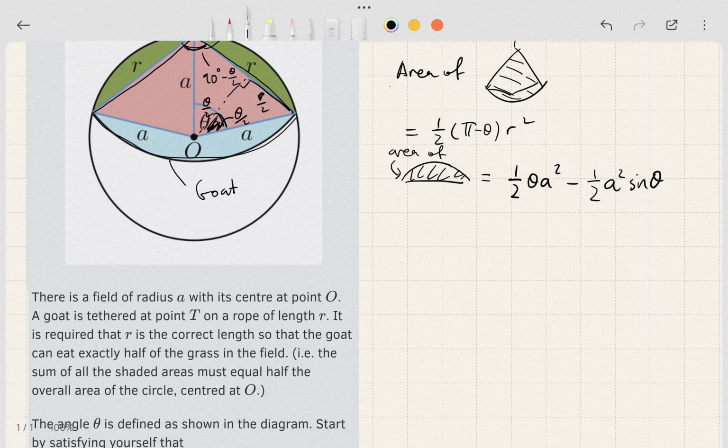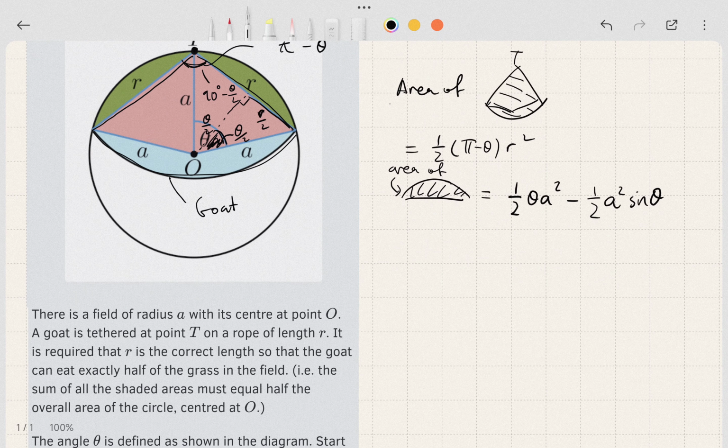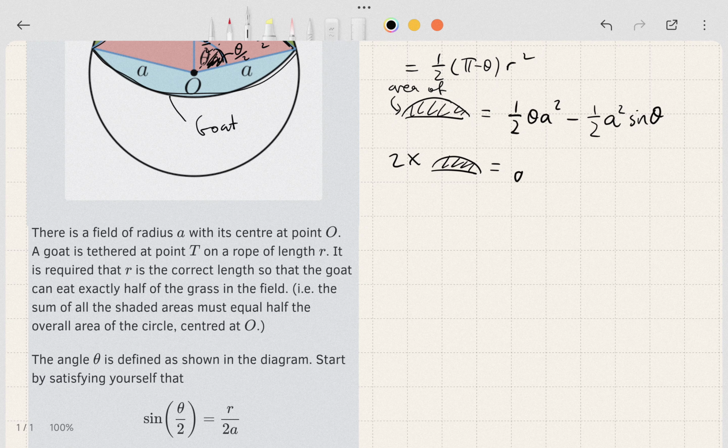So 2 times that area would have to be equal to a squared times theta minus sine theta.